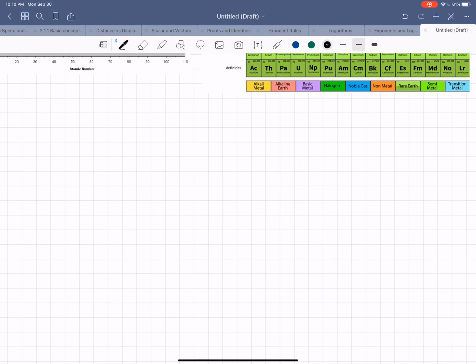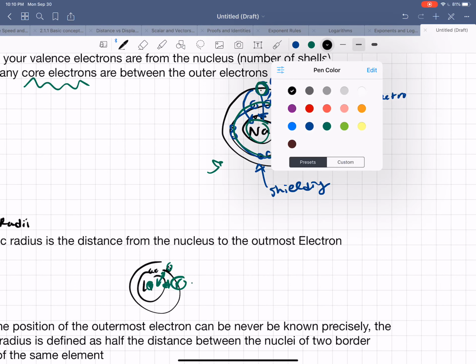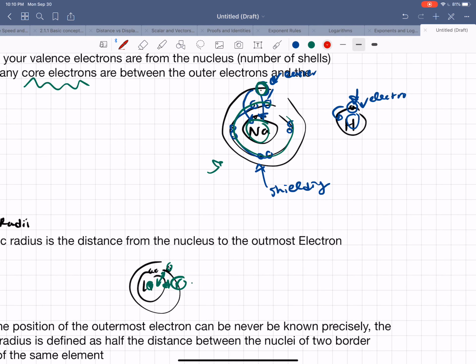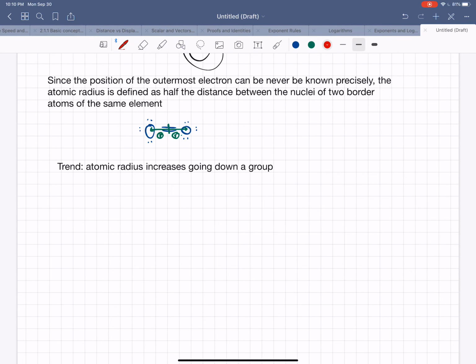Going back to my example here, the atomic radius of a sodium atom with 3 shells is much greater than that of an atom with just 1 shell. So as shells increase, as you go down a group, the atomic radius also increases. That's something you'll want to remember.